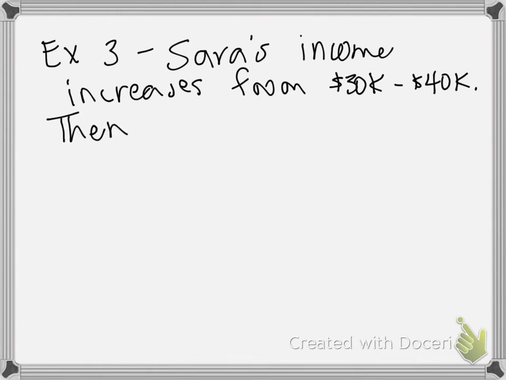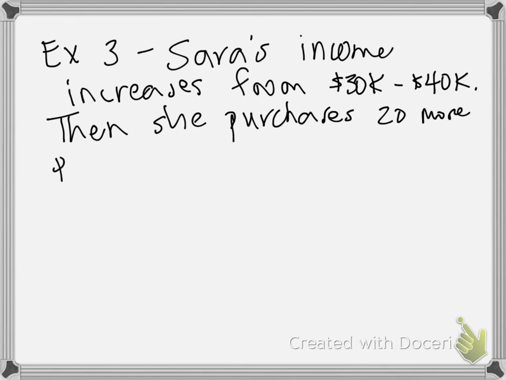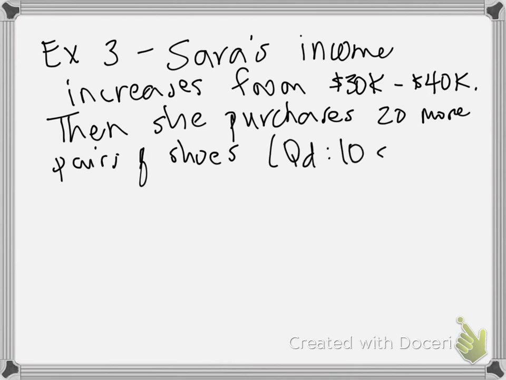Then she purchases, we'll say she went from buying 10 pairs of shoes to buying 30 pairs of shoes. So she purchases 20 more pairs of shoes. She likes shoes. So her quantity demanded, right, what I'm saying is went from 10 pairs of shoes to 30, an increase of 20.